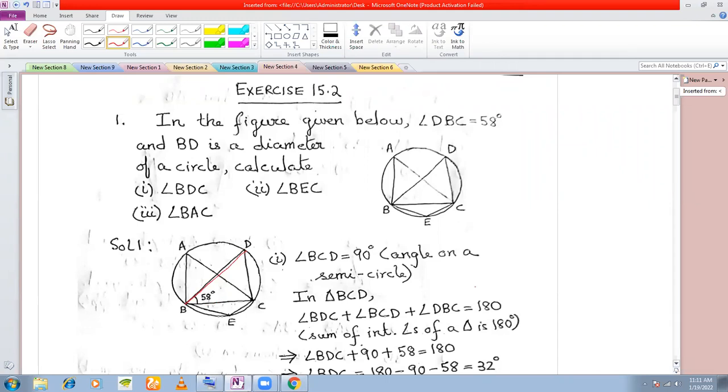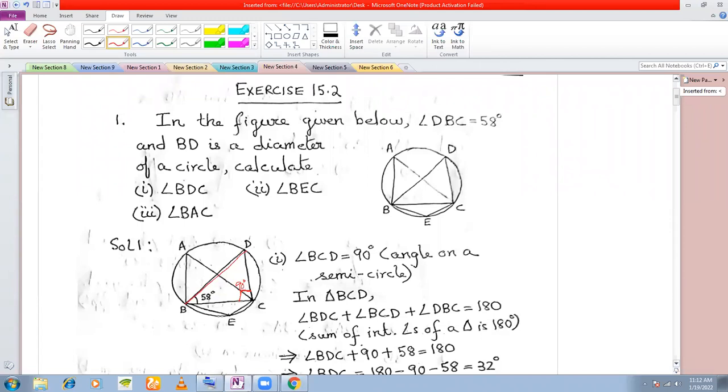You need to calculate angle BDC. So how do you calculate angle BDC? First of all, since BD is the diameter of the circle, you can say this angle is 90 degrees, right? Because angle in a semicircle, BD is the diameter. Angle in a semicircle, that means this angle must be 90 degrees.